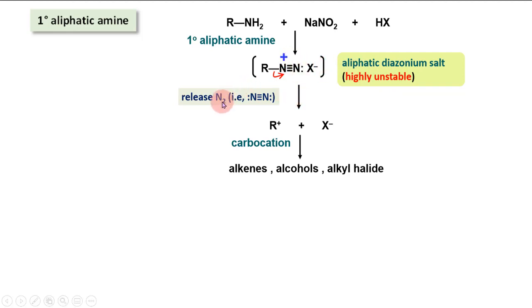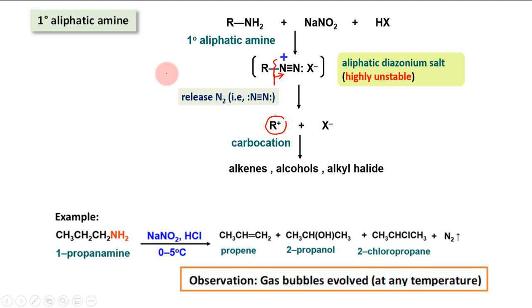And then imagine that after you release the nitrogen gas, you are forming this carbocation. So this carbocation will then form an alkene, alcohol, or alkyl halide. So for this primary aliphatic amine, you are going to form 4 products altogether: alkene, alcohol, alkyl halide, and also nitrogen gas.